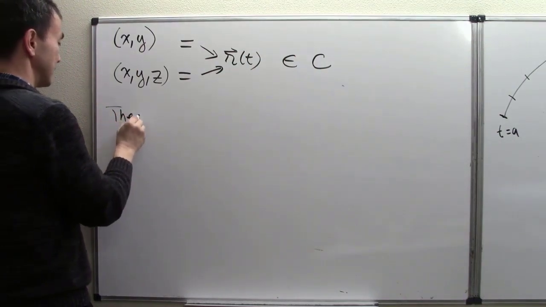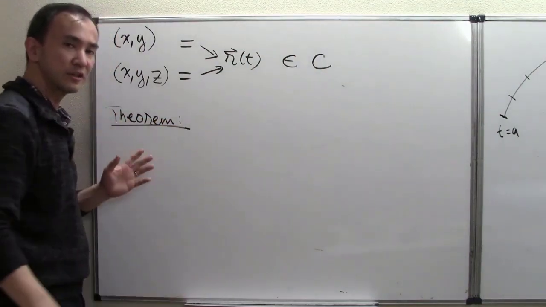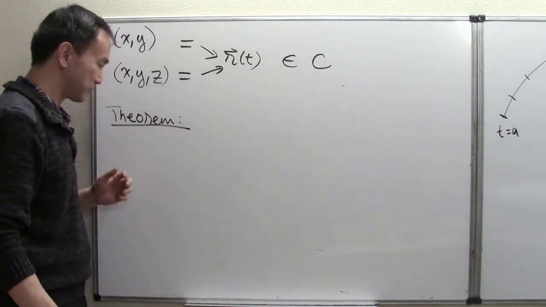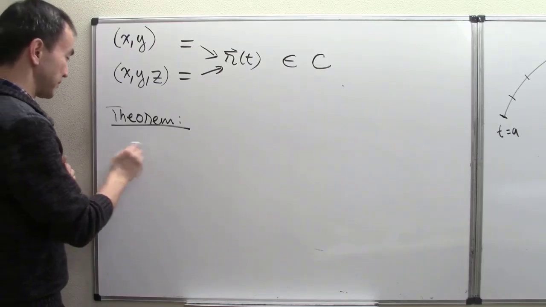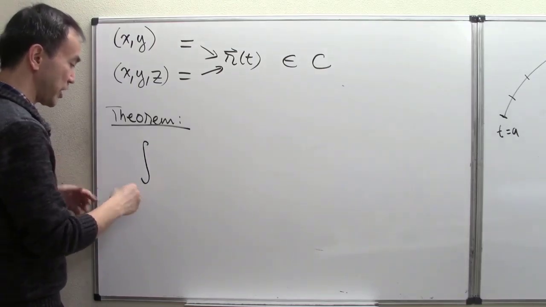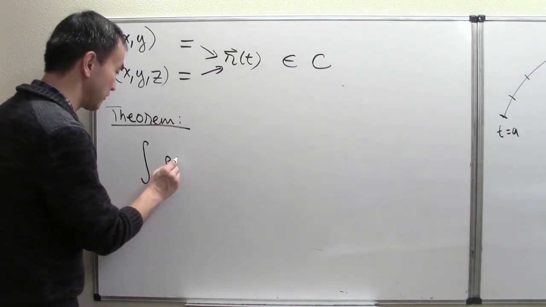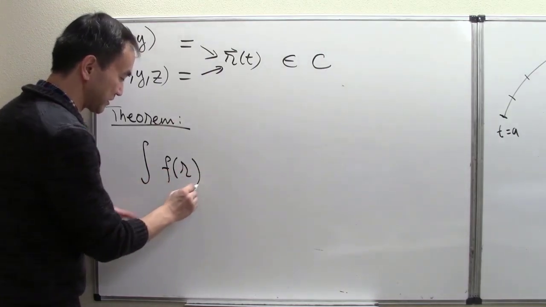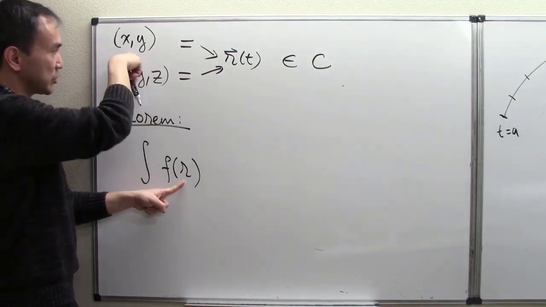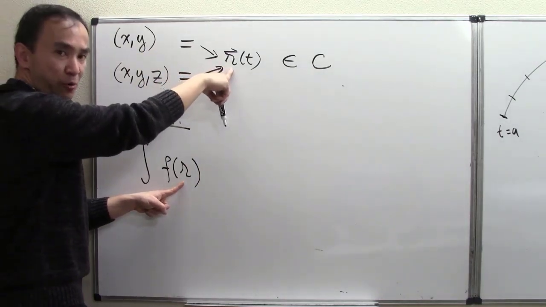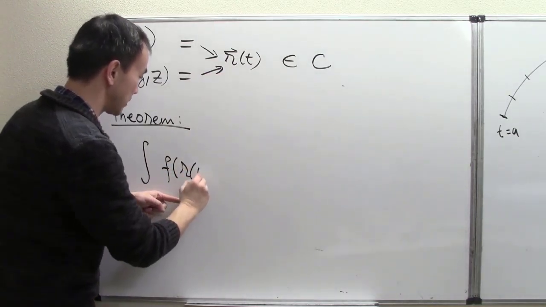There are nicely worded versions of this theorem in any textbook you are using, but allow me to write the brief version here. Generally speaking, a line integral for a scalar function f of r, in either 2D or 3D space, where r is a position point on the curve, so it's f of r, or more precisely f of r of t.